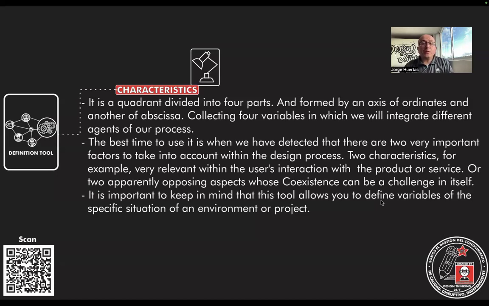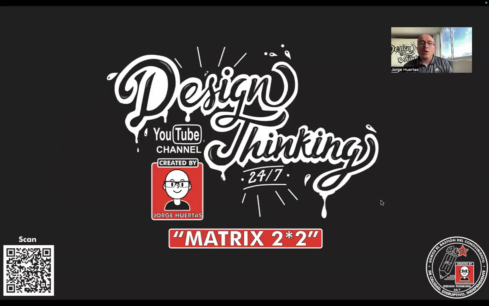It is important to keep in mind that this tool allows you to define variables of the specific situation of an environment or a project. Well, the Matrix 242 is a very easy tool to use, and it really helps you to define important aspects of the development of the project or the design or any kind of situation when you are not sure what is better and what is not.